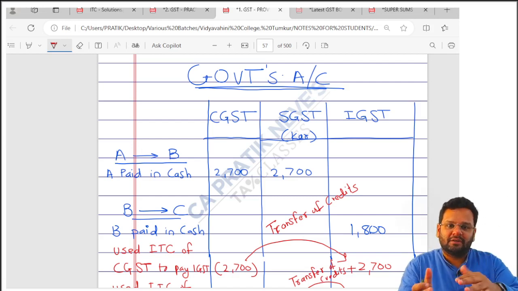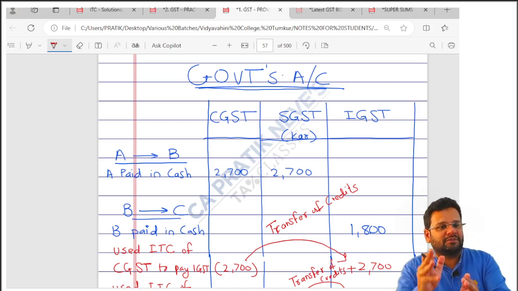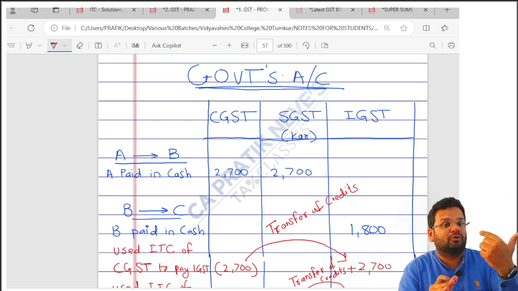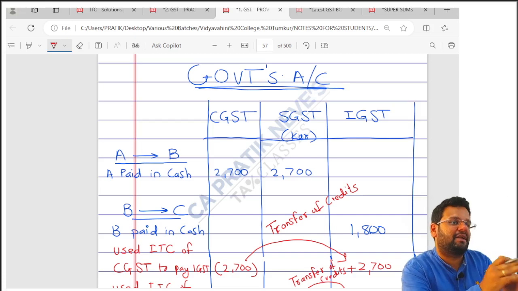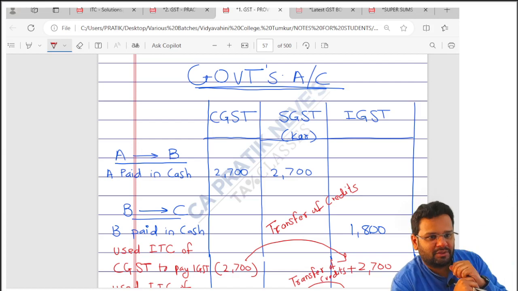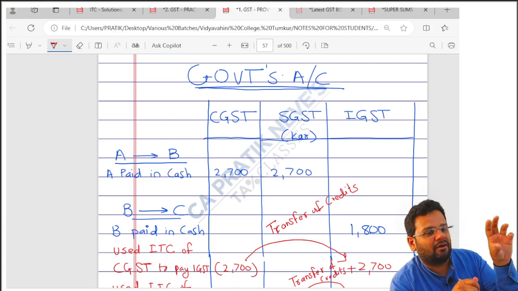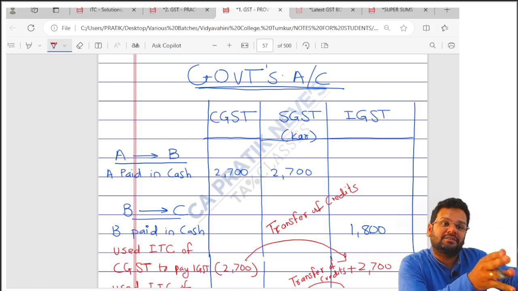When you use ITC, the government does transfer of credits, and this way eventually 50% goes to the Center and 50% to that government where the ultimate consumer is, where the end place of supply is. Because the whole GST depends on two things: dual model, and destination based, consumption based, indirect tax. So what matters? Where is the end consumer? So that government gets half and half goes to the Center, and there is taxation done at each stage.